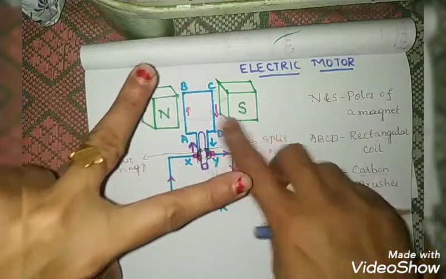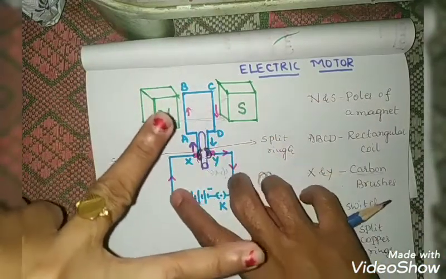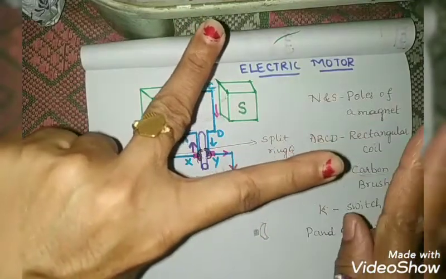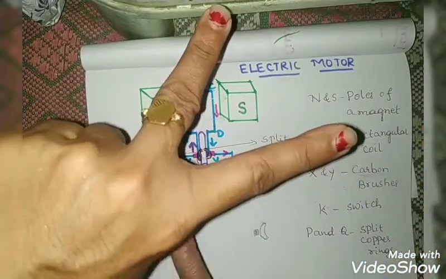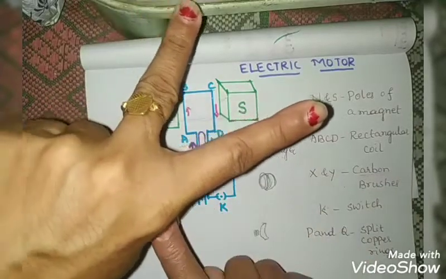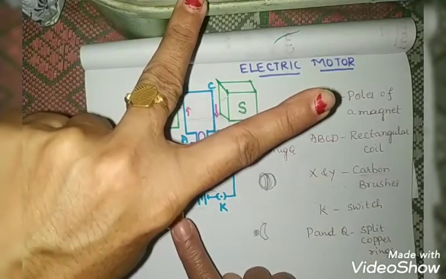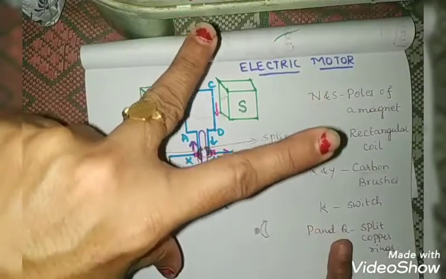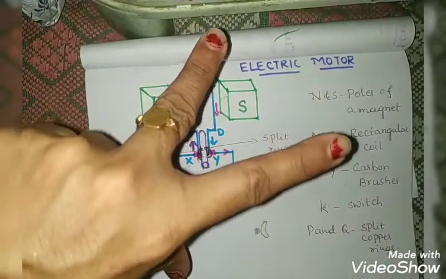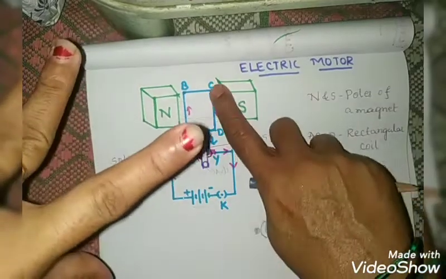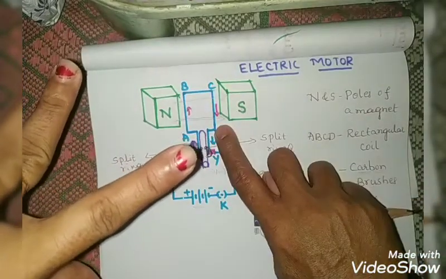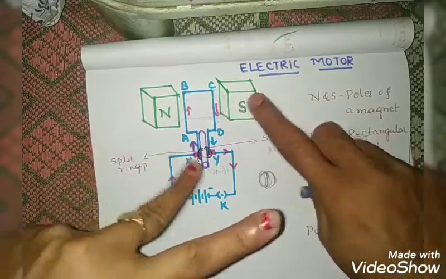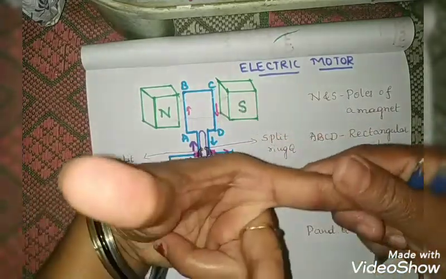So in this situation, the current flowing from A to B and the magnetic field north to south will push the arm AB downwards. You can understand here clearly. Downwards. And what about this CD now? Here in CD, the direction of the current changed, children. You observe here now.